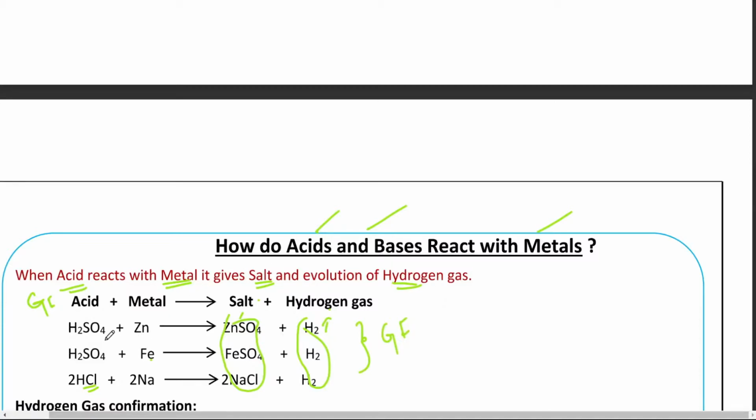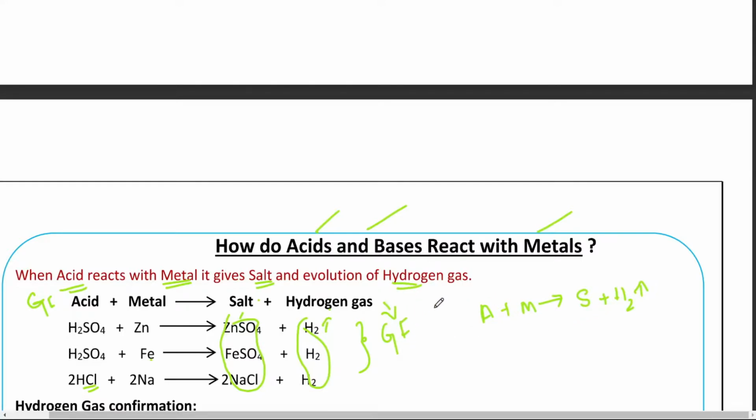H2SO4 plus Zn gives ZnSO4 plus H2, H2SO4 plus Fe gives FeSO4 plus H2, and HCl plus Na gives NaCl plus H2. Therefore, it satisfies our general formula. You need to remember that acid plus metal will give you salt plus hydrogen gas released.